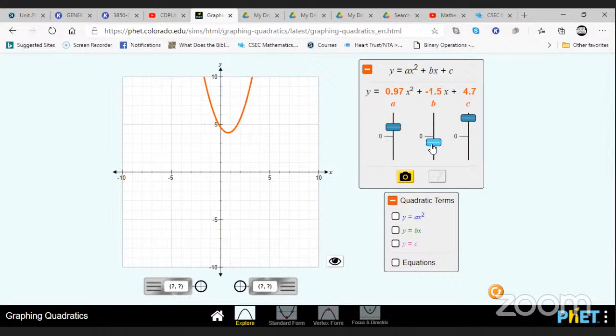I'm wondering if it's a case where, like, A is for, C is for length or something. I'm not really sure.